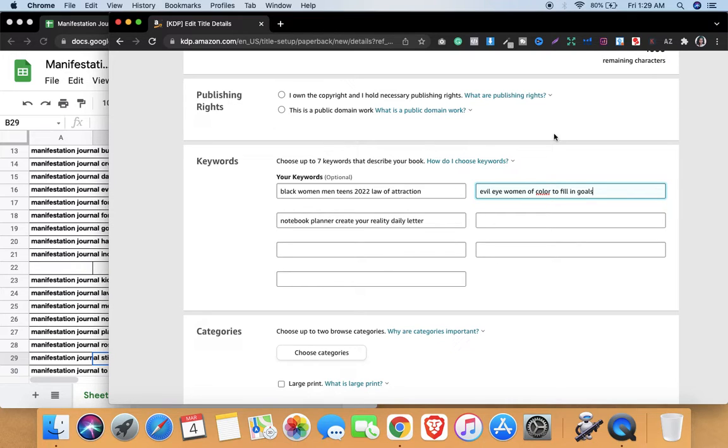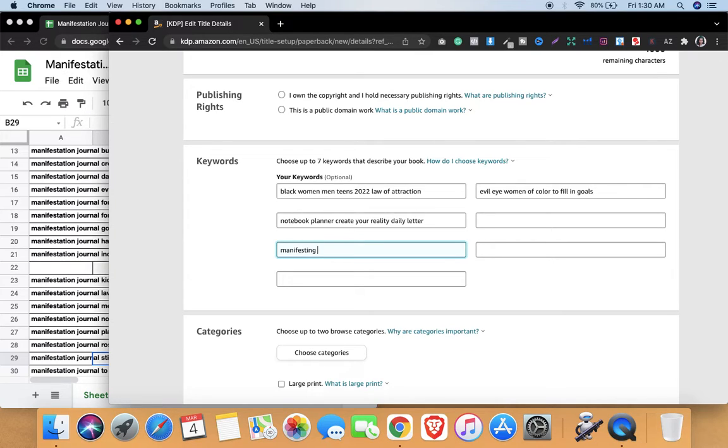So if you think of manifestation, what other words or phrases come into your mind? If you know manifestation, that means it is a kind of law of attraction, which people use to make their dreams into reality. So the thing I got right now is I can also put manifesting. What else can I do?